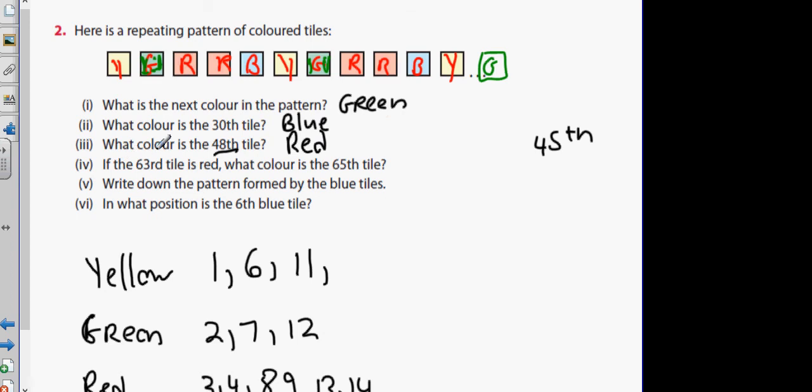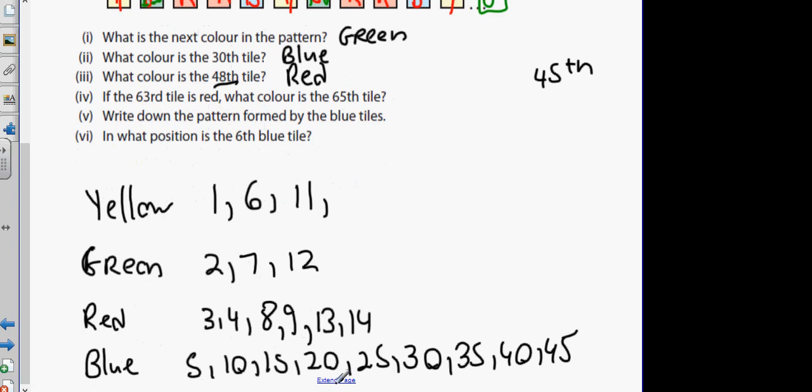If the 63rd tile is red, what colour is the 65th tile? We don't know for certain from just that information. Because which red are they talking about? Are they talking about the second red or the first red? We don't know. Okay, so what we're going to do is we're going to continue counting up using our blues.